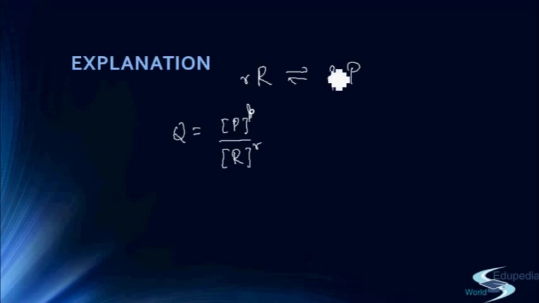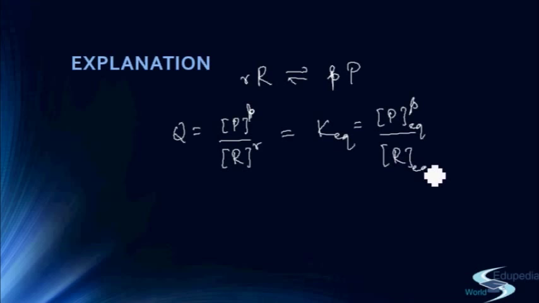This is equal to K equilibrium, which is the concentration of P at equilibrium raised to small p, divided by the concentration of R at equilibrium raised to small r. Right now the concentrations are concentrations at equilibrium, and that is why Q is equal to K equilibrium. So let's talk from the product's perspective.